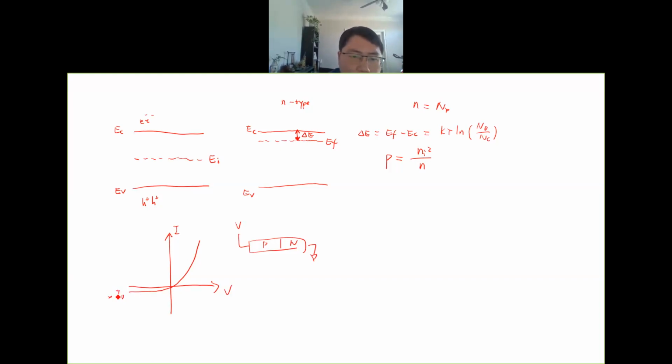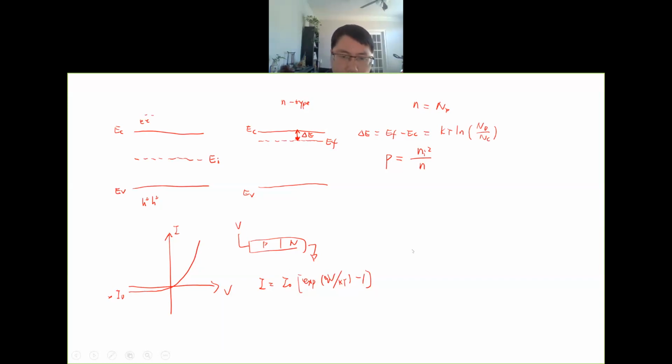And the current equation is like this, with qV over kT. So this equation describes this IV relationship.